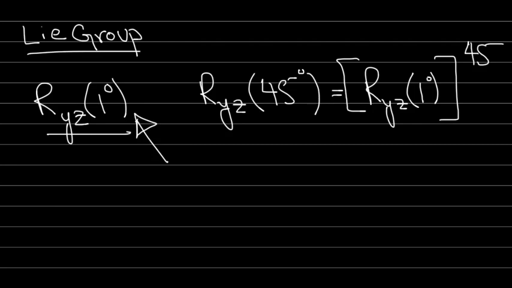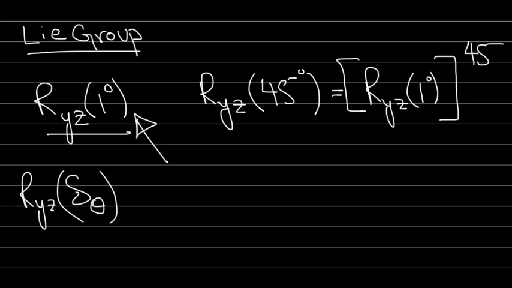Now, of course, we don't want to limit ourselves to integer transformations, and so we need to start with an infinitesimal rotation, something like R_YZ of delta theta, where delta theta is infinitesimal.